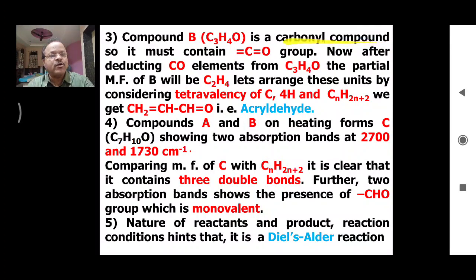So this information is already given in the problem. As it is a carbonyl compound, this carbonyl group must be present in this compound B. Now if we deduct this CO, 1 carbon and 1 oxygen, from this molecular formula, we can get the partial molecular formula for compound A. So C3H4O minus CO, it will form C2H4.